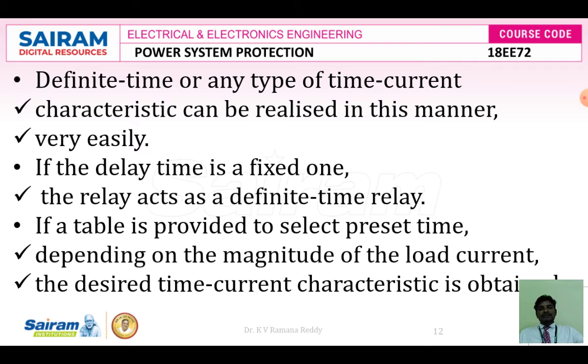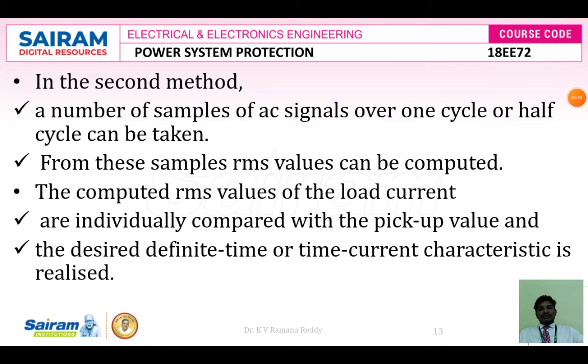If a table is provided to select the preset time depending upon the magnitude of load current, the desired time characteristics are obtained here. Then, on the other hand, a number of samples of AC signals over one cycle or half cycle can be taken, and from these samples the RMS values are computed. RMS values, root mean square values, are the real values, computed through the programming.